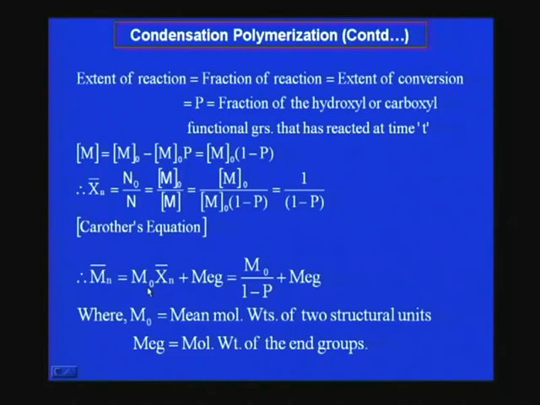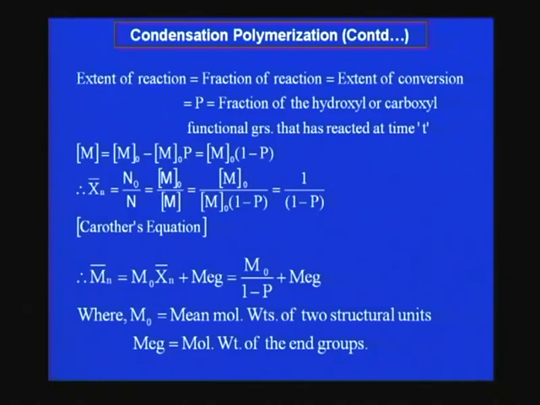Molecular weight of the structural unit enclosed within the bracket, multiplied by this degree of polymerization, plus two end groups will be there, mass of the end groups, left side, right side, and Xn bar is equal to 1 by 1 minus P. It's very simple, but you have to do practice. Okay. I am going to the next slide.